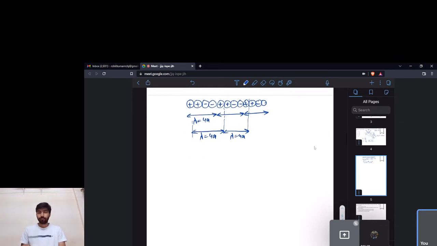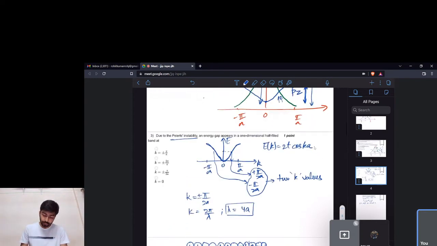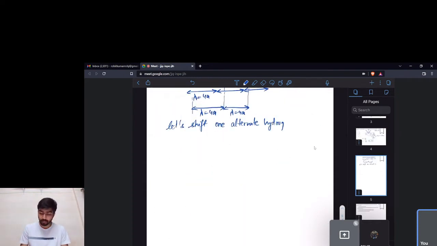Now what if we do a slight perturbation to the system? Let's shift one alternate atom, and these were a one-dimensional chain of, let's say, hydrogen atoms. Let's shift these towards the left.